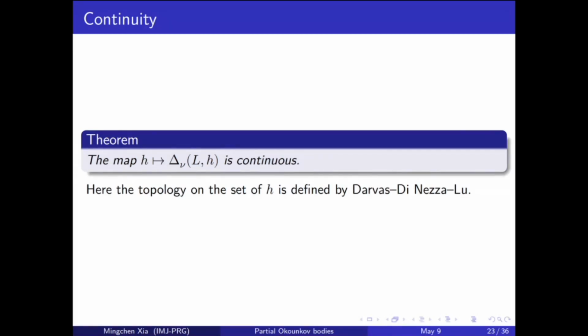So there is no way to think about the corresponding continuity. But if we introduce the partial Okounkov bodies, we have some extra flexibility.